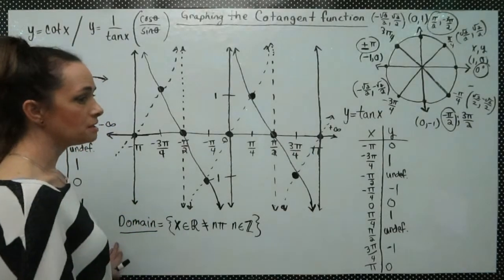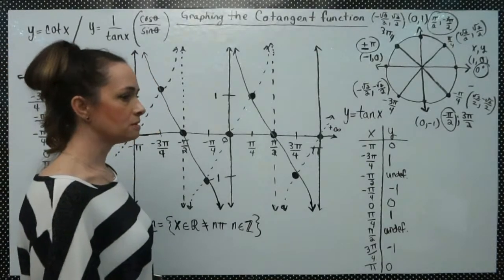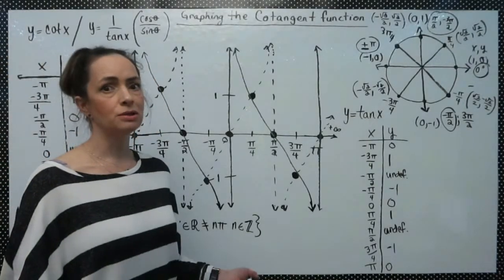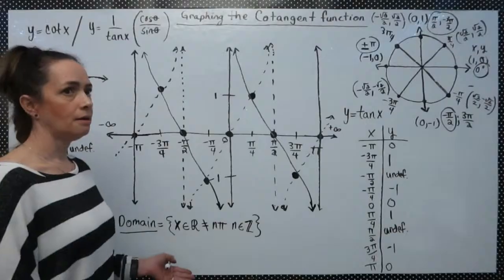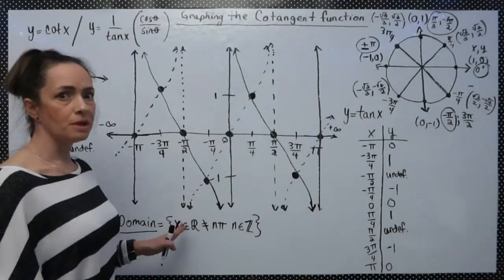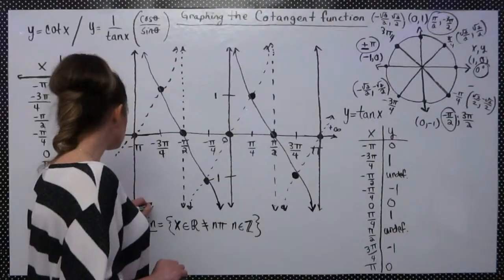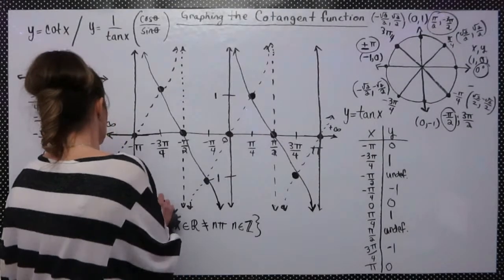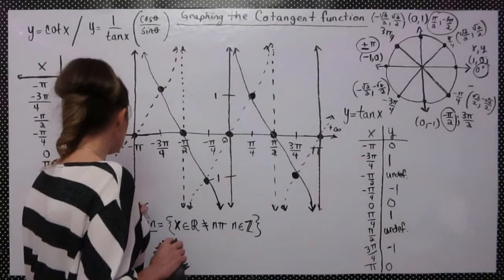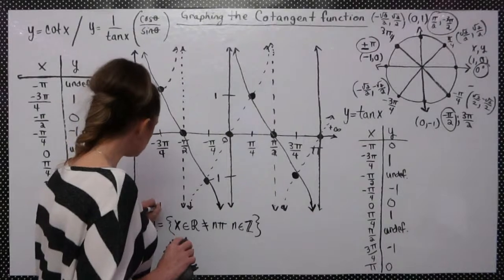If anybody does and wants to put it in the chat, that would be awesome, to find a way to state these kinds of domains in interval notation. But for now, we're just going to use set notation.